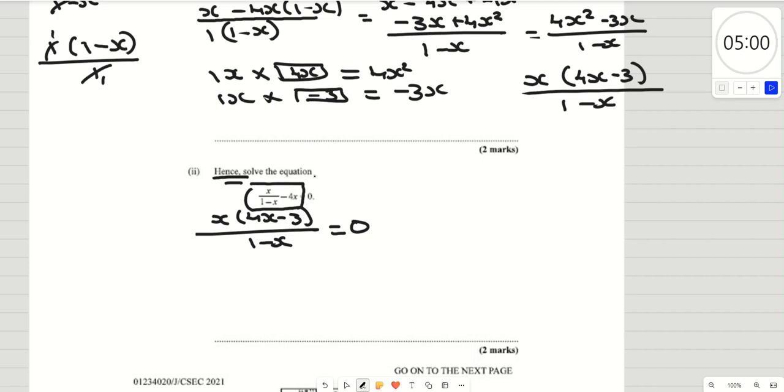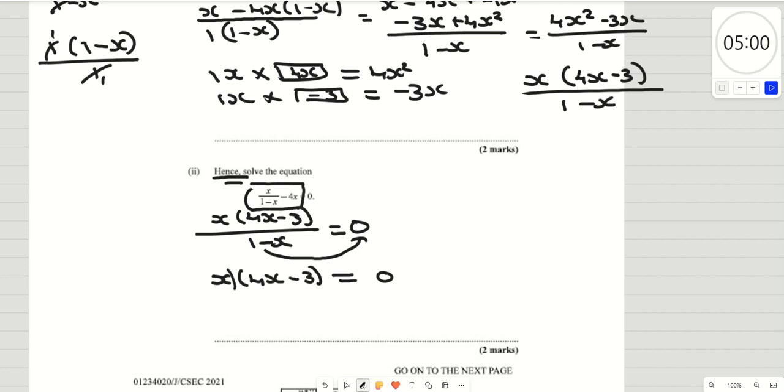That is equal to 0. So we want to solve for x. You carry this across over the equal sign. Remember, you want to make x the subject. If you carry across, divide by, it's going to turn to multiply. Anything multiplied by 0 is 0, so I'm not even going to put it. So it's x, open bracket, 4x minus 3, close bracket, is equal to 0 because 1 minus x multiplied by 0 is 0.